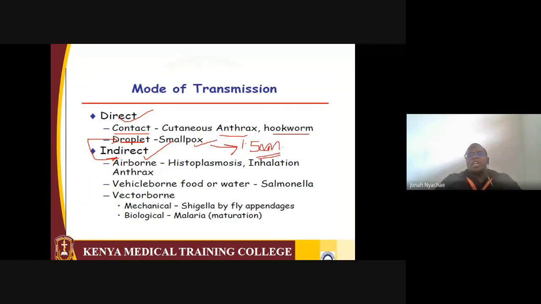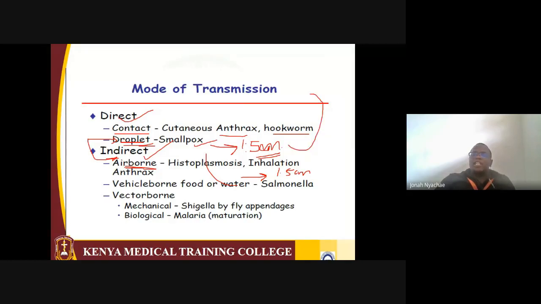So if you are within that region of 1.5 meters and you get that saliva, then it becomes a droplet. But if that condition can infect someone who is at a distance of greater than 1.5 meters or more, then we classify it as airborne.